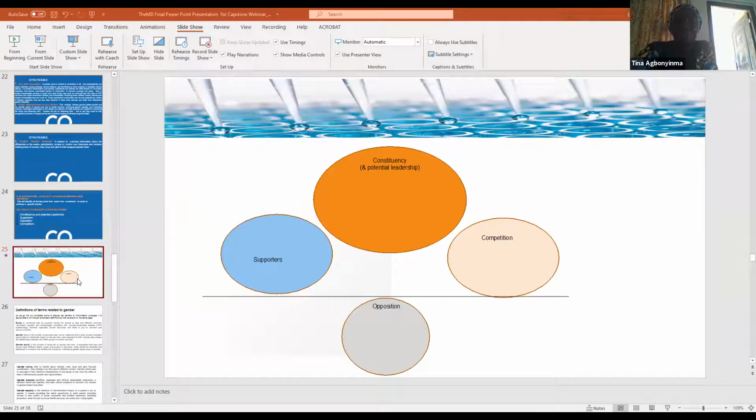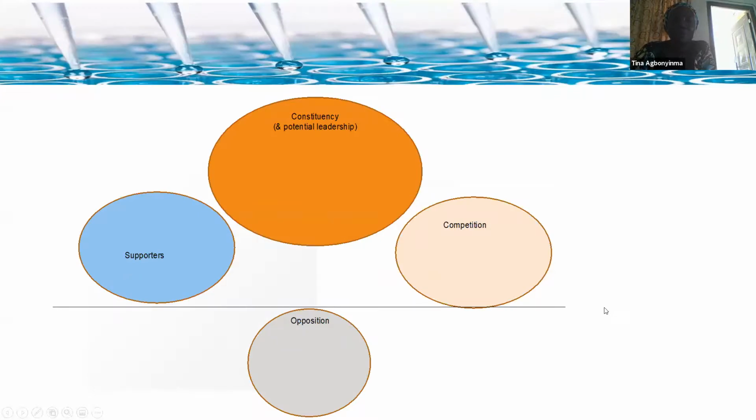So this is the model. This is a model of the ATOL map. If you look at this, we have four parts here. The first one is the constituency, and under constituency, we have potential leaders.